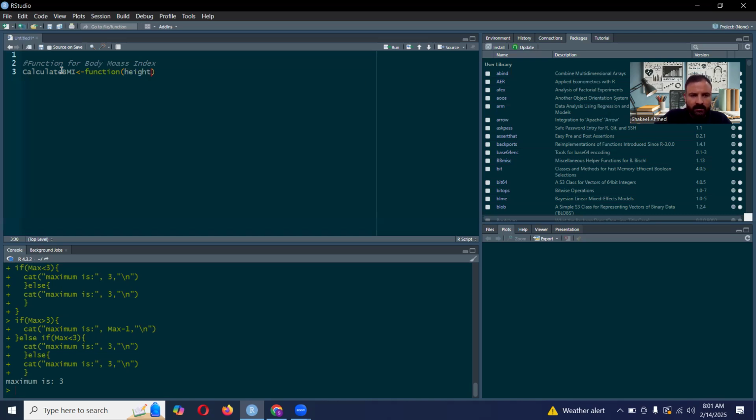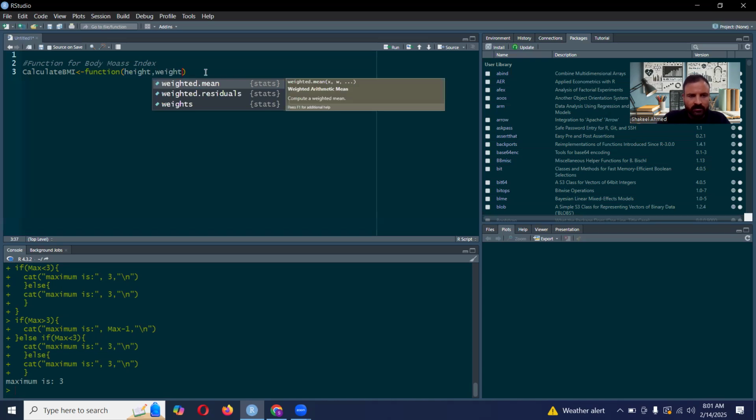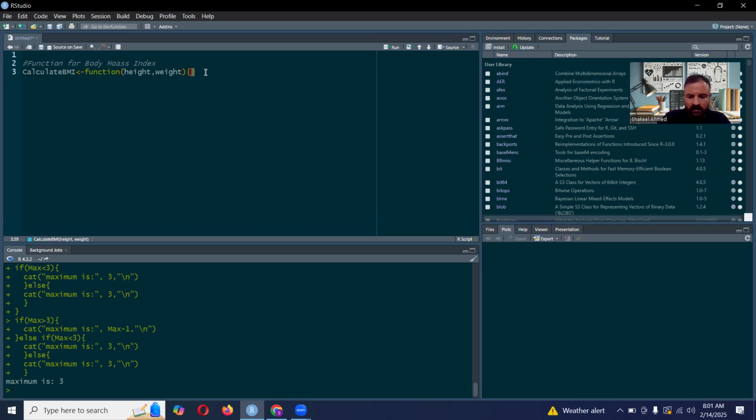We need height and we need weight. These are two inputs, and we are just starting and closing.